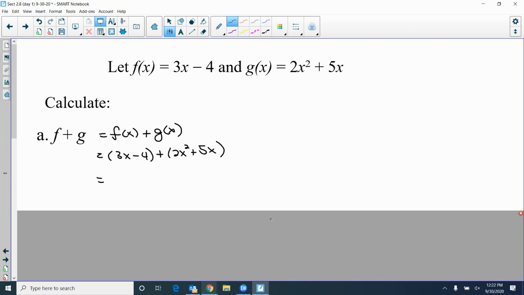When I am done, 2x squared, 3x plus 5x is 8x minus 4. Sometimes you'll see it described as f plus g of x. You don't need to factor it. You don't need to do anything else. It's just 2x squared plus 8x minus 4. All right, the b is right next to that, beside it.